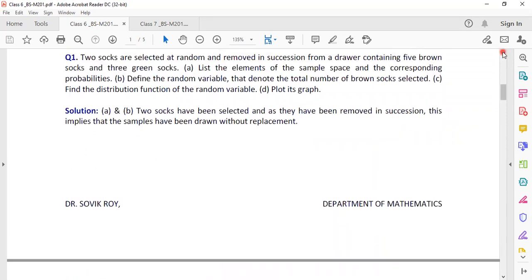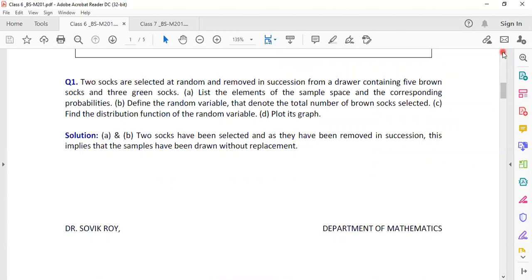You may think that this socks problem is a very silly problem, but it actually has some philosophical content in it, because in quantum mechanics, in quantum information theory, when Einstein was not in agreement with Schrödinger regarding his comment on the incompleteness of quantum mechanics, Schrödinger was deliberately trying to convince Einstein that quantum mechanics is complete.